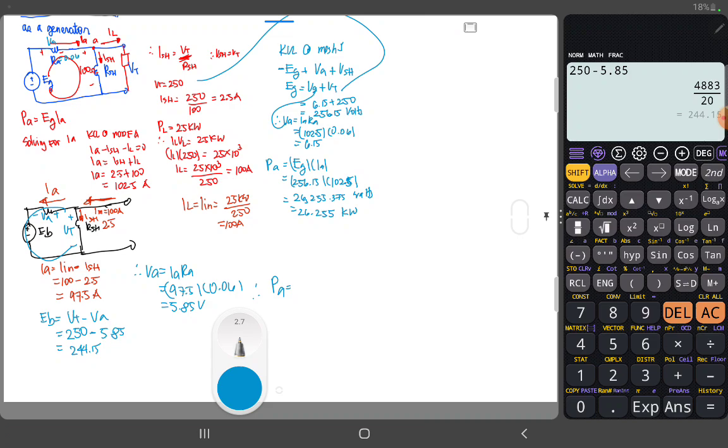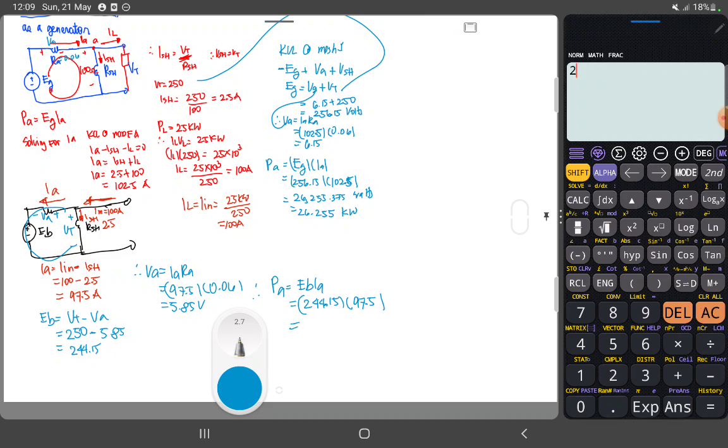So the power generated in your armature as a motor will be lower than the input. How about in your generator, the power that is generated in your armature is greater than your output. So your PA will be equal to EB multiplied by IA, which is 244.15 volts multiplied by 97.5 ampere.